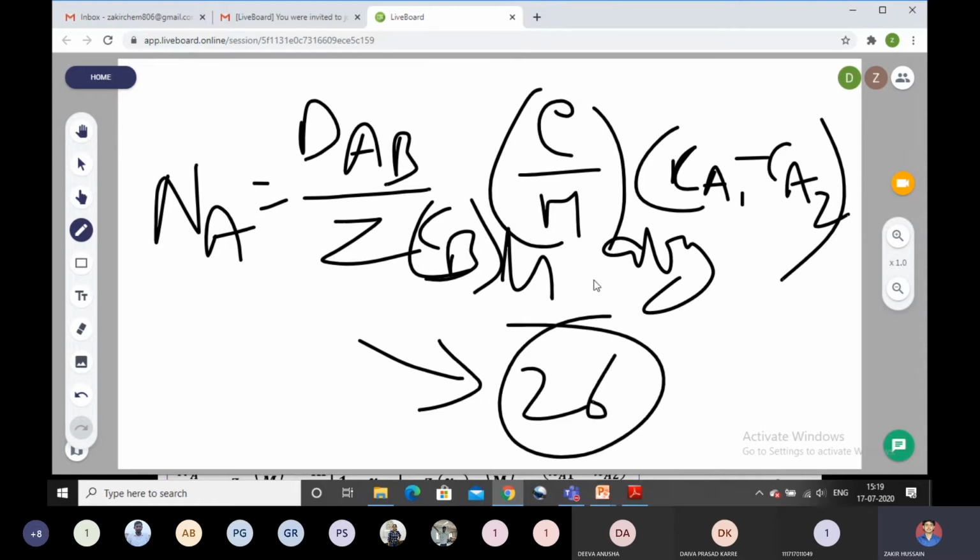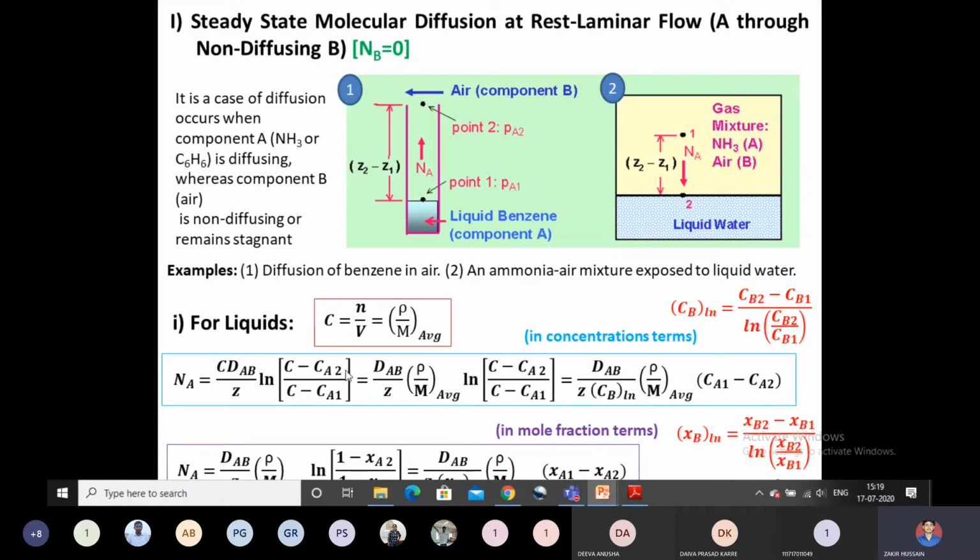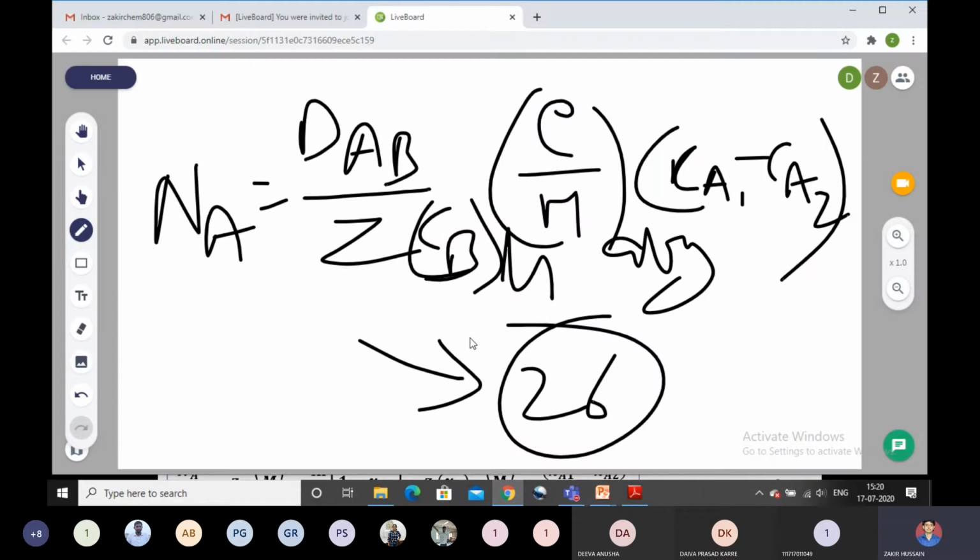In the PPT you can see this equation. NA is equal to this quantity. In the morning itself we derived all these quantities. This is equal to DAB by Z, CBln, rho by M average, CA1 minus CA2. You can see the same equation in the Liveboard, and how we derive the equation.